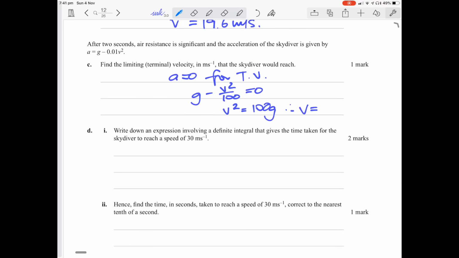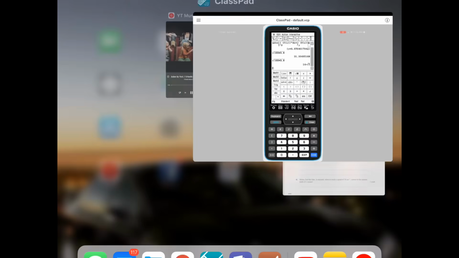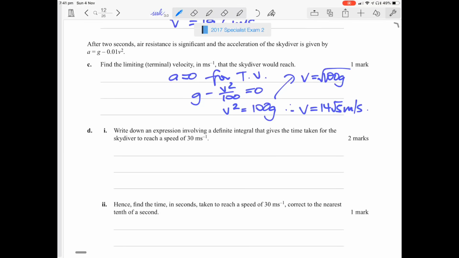V is equal to, it's going downwards, so 14 root 5 meters per second. Obviously, V is equal to the square root of 100G, the square root of 100 times 9.8. 14 root 5. You could also have 10 root G, I guess.